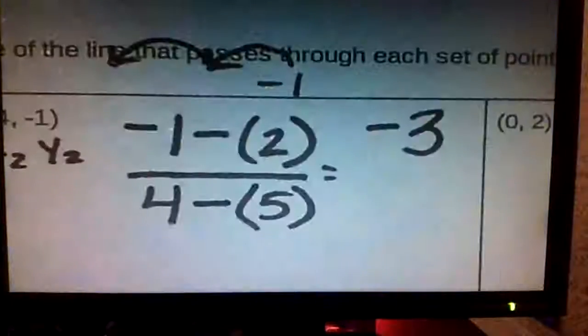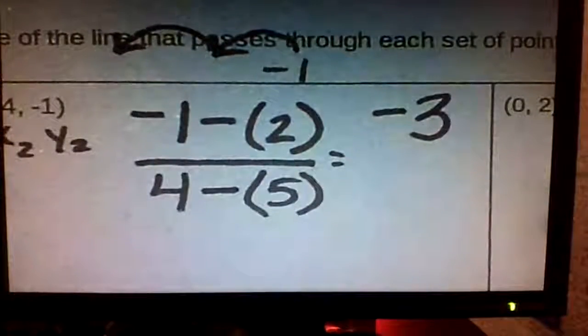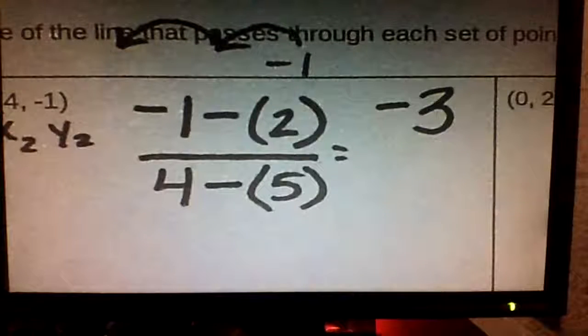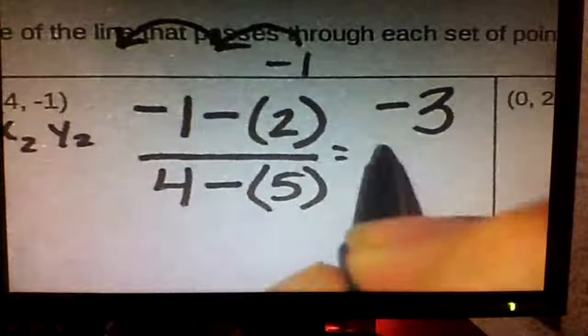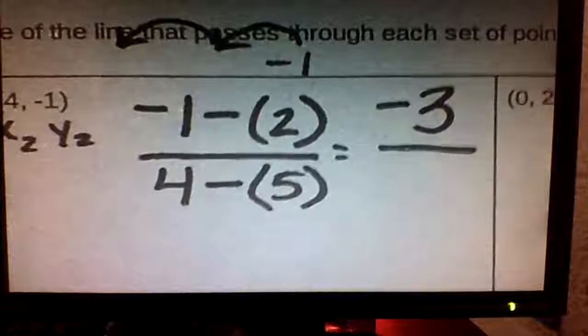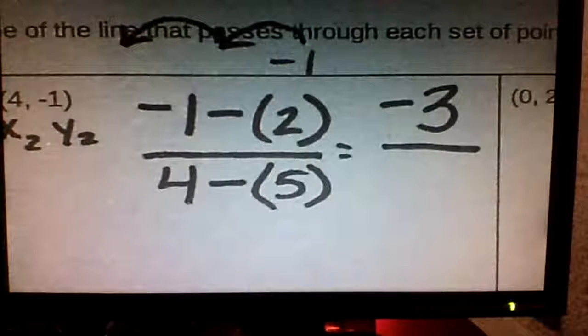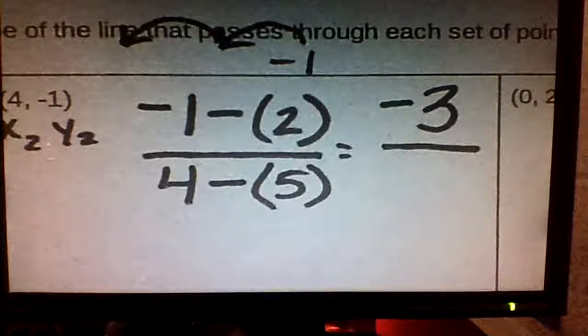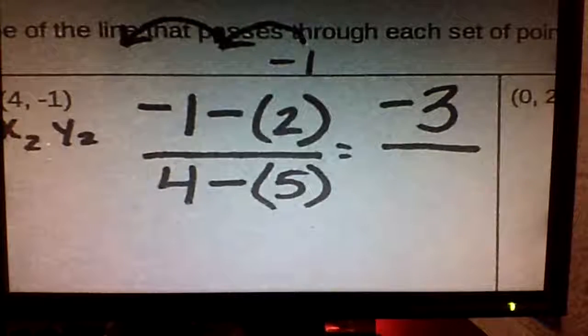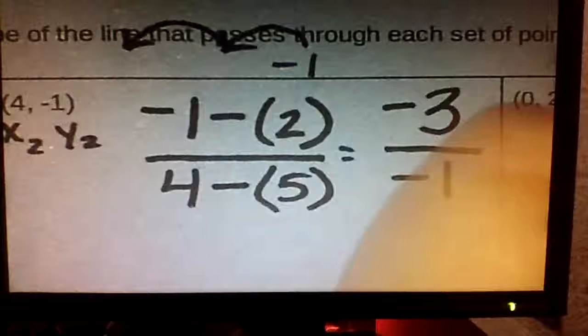This says I start at negative 1 and I'm going 2 spaces in the negative direction, which takes me to negative 3. Okay, so be careful. What's 4 minus 5? Negative 1.